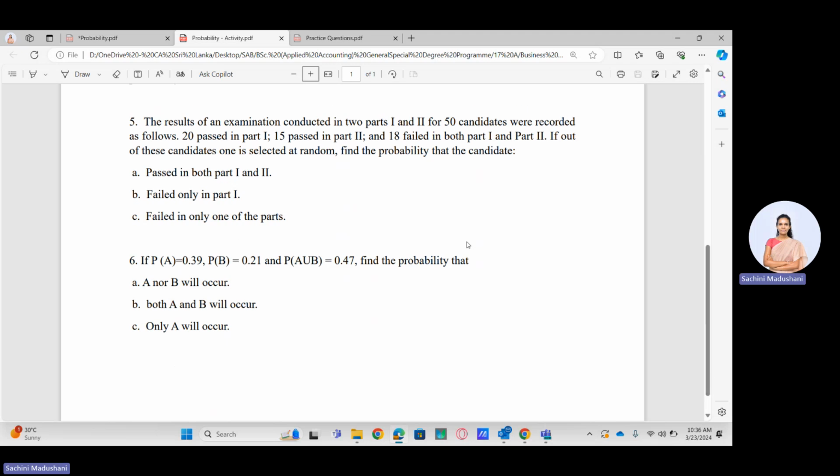Then do question number 5. Do you need time to write it? No? Okay. Then move to question number 5.